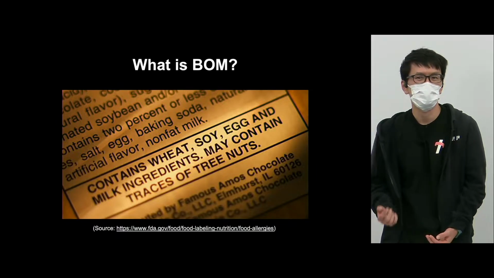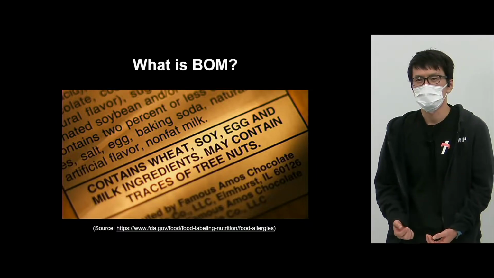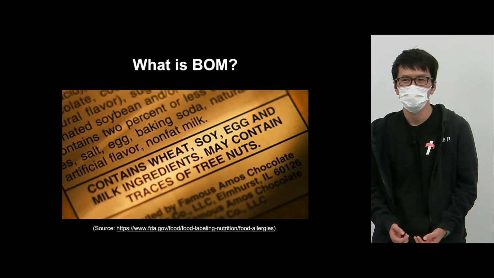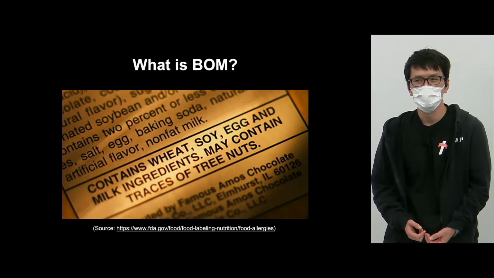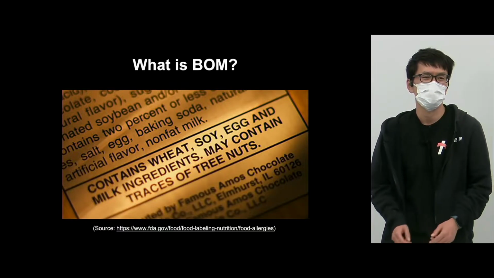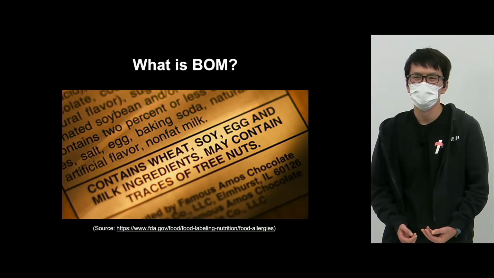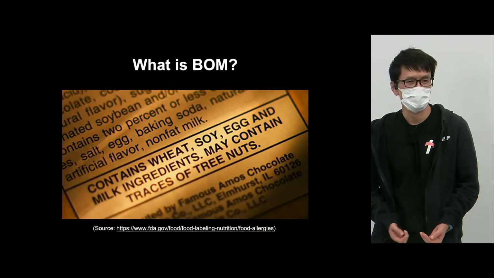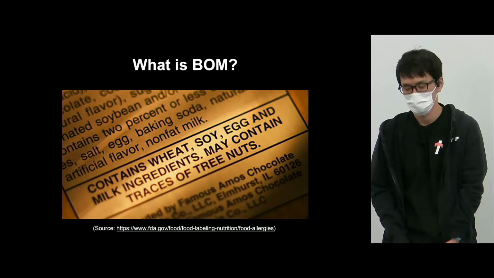It contains a list of ingredients in a packaged food, and you can learn many things from that. For example, calories, expiration date, etc. The most important information is about allergies. Let's say you have a wheat allergy. Then you can avoid a risk by reading the food label.